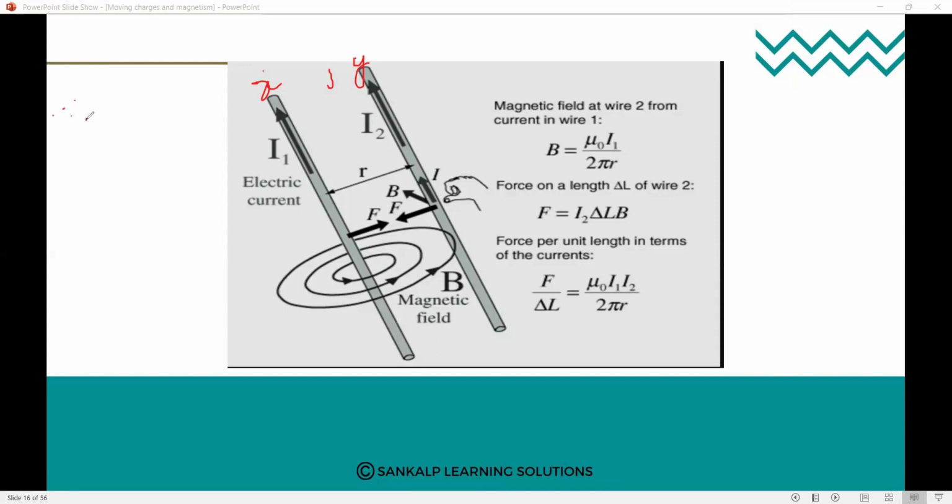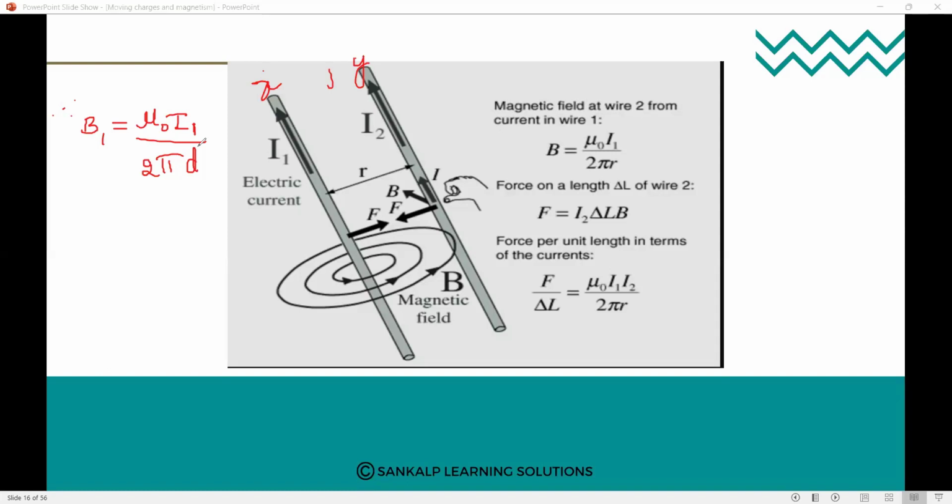According to the current carrying conductor, the magnetic field is given by mu naught into I1. I'm writing B1 equal to mu naught I1 divided by 2 pi d, where the current is I1. You have already derived this after Ampere's law.